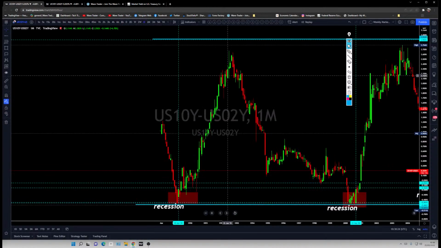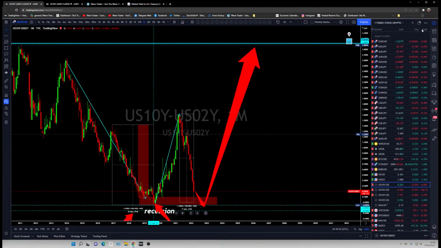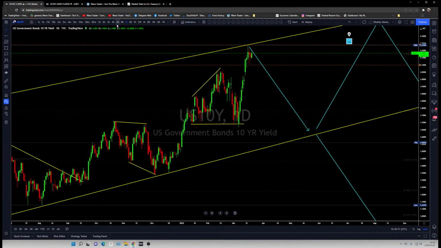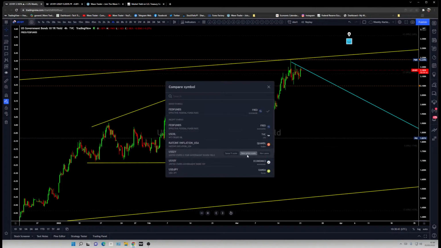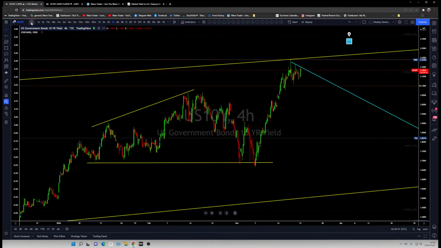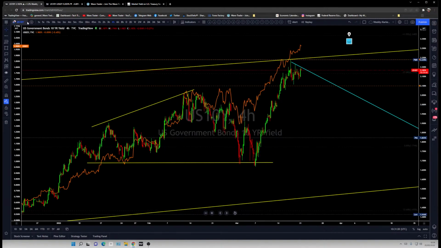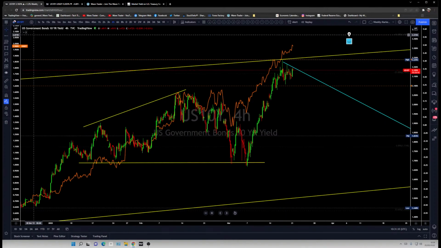Let's just pull some charts. If I look at the 10-year yield and pull out the Fed funds rate, and the 2-year, it's showing some error, I think.